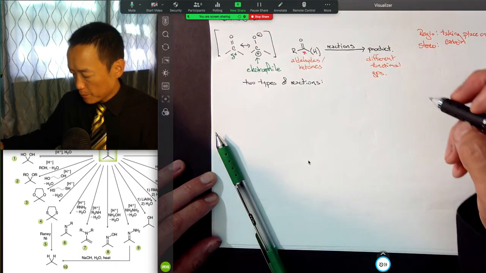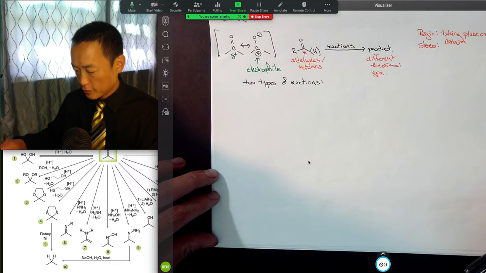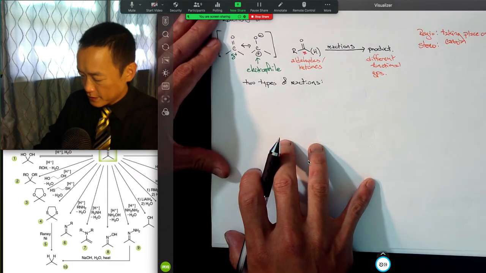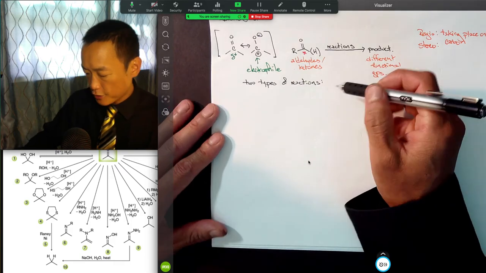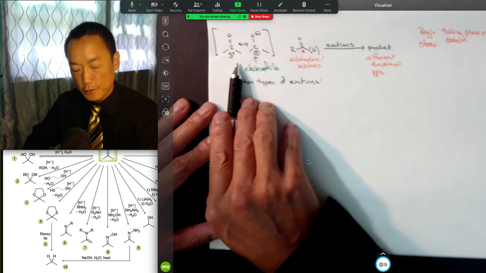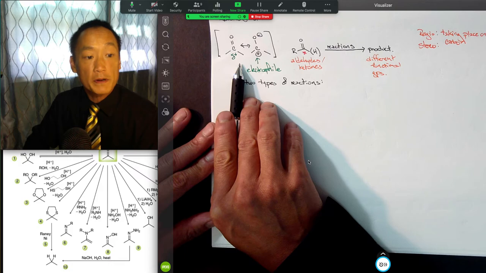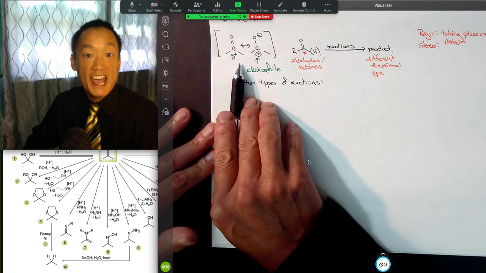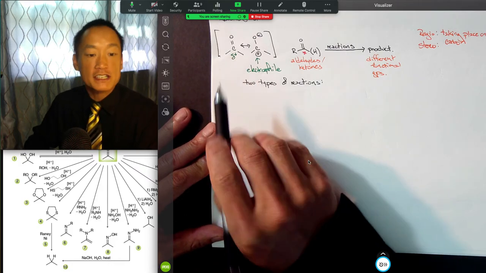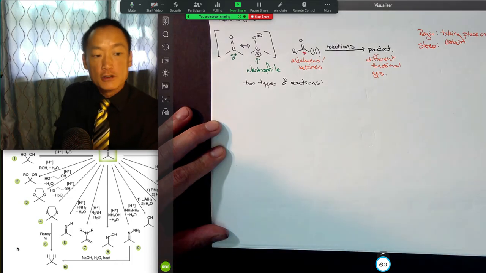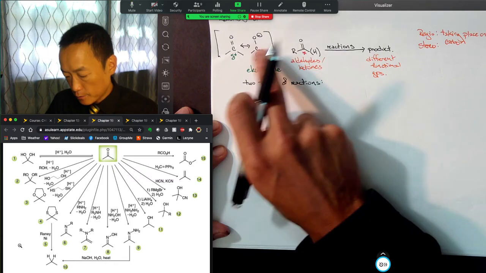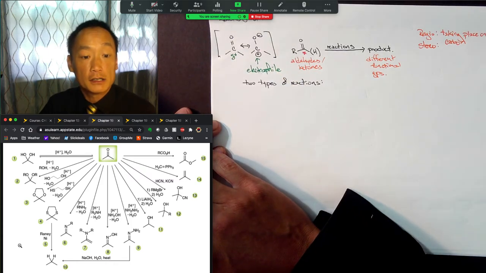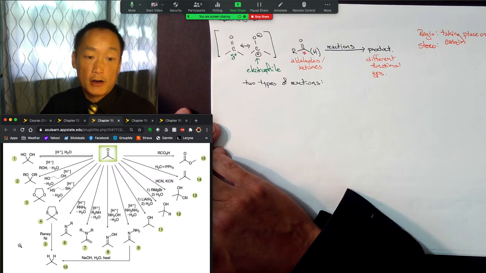Let's do this. Two types of reactions. There is one type of reaction that utilizes the carbonyl as is, okay? And it's going to take advantage of the electrophilicity of this carbonyl, and it's going to take into play the nucleophilicity of any nucleophile that we're adding.